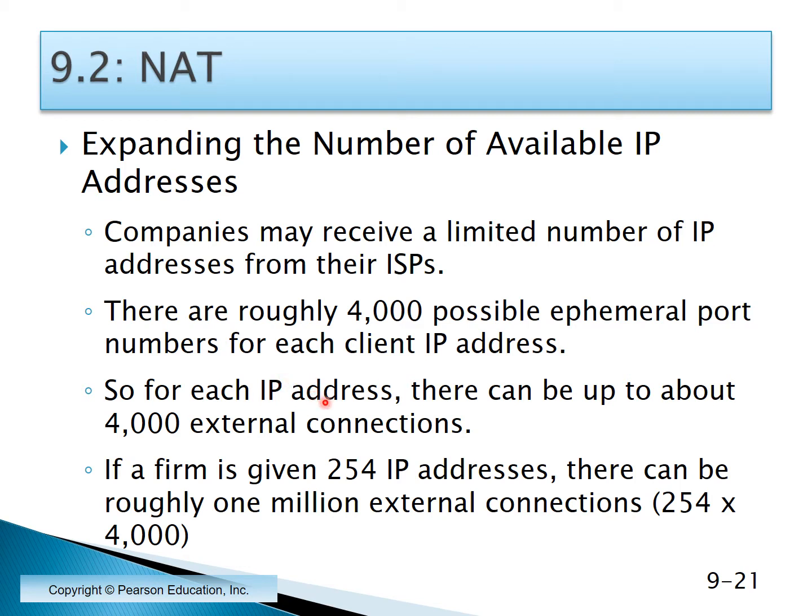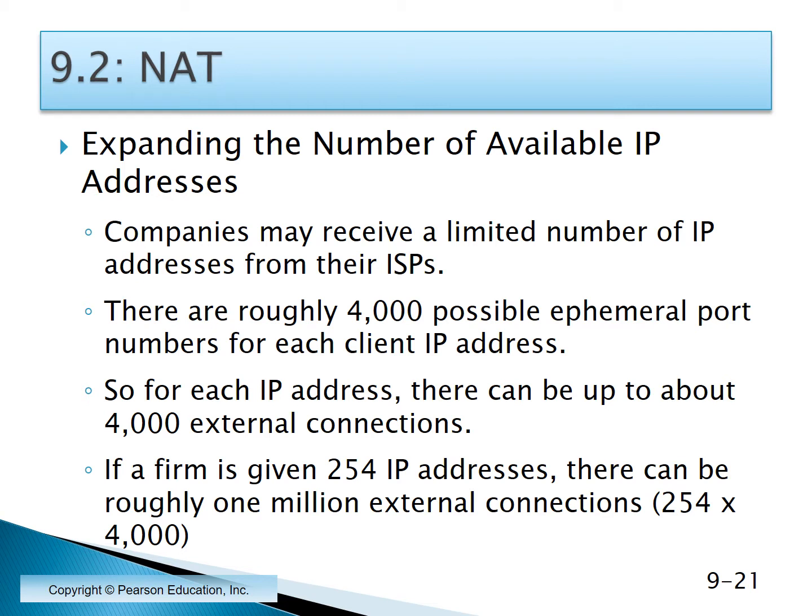So for each IP address, there can be up to about 4,000 external connections. If a firm is given 254 IP addresses, for example one subnet with 8 bits within a department in an organization, then actually there can be roughly 1 million external connections. You have 254 times 4,000, right?